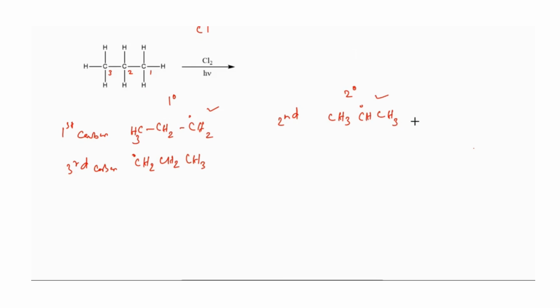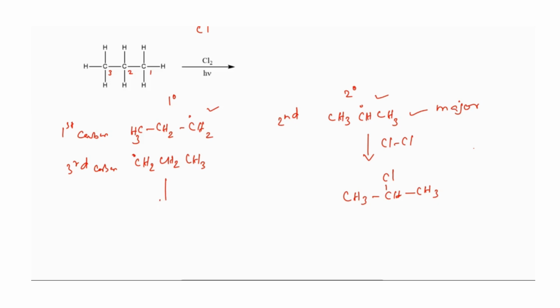Now the secondary radical will always occur in the major form. The secondary radical will appear very easily compared to the primary. So this one will react with the chlorine molecule, and we will get this product in major form.